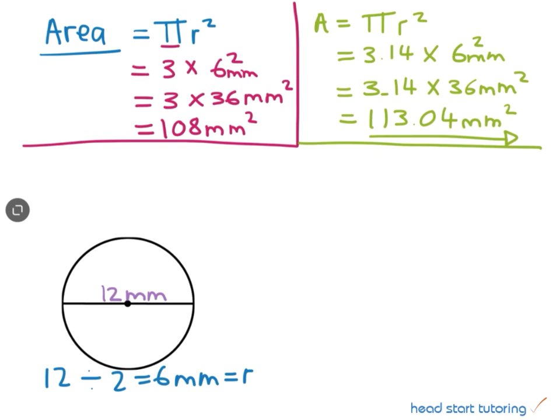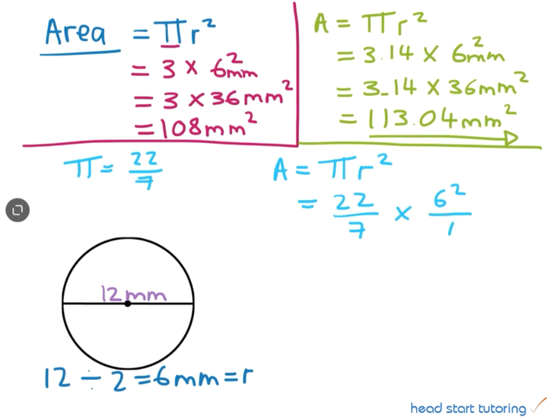Let's now have a look at the area of this circle using pi equal to 22 over 7. So area is equal to pi r squared, which is equal to 22 over 7 multiplied by 6 squared over 1.